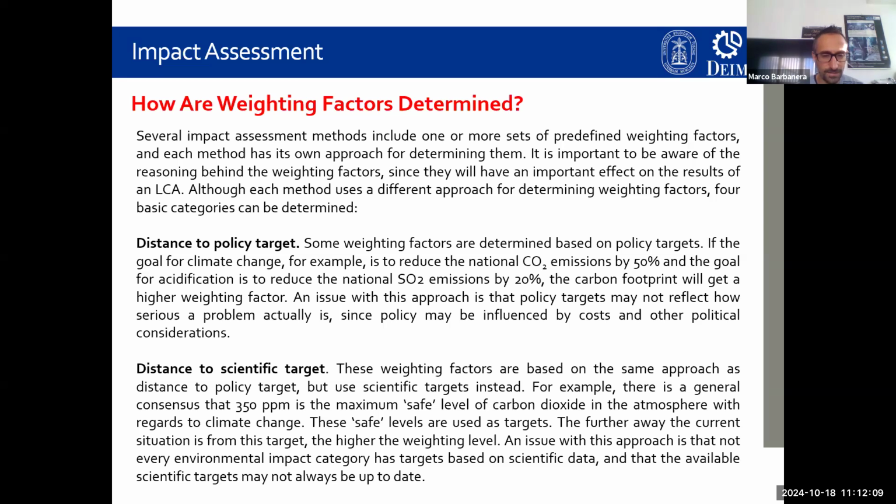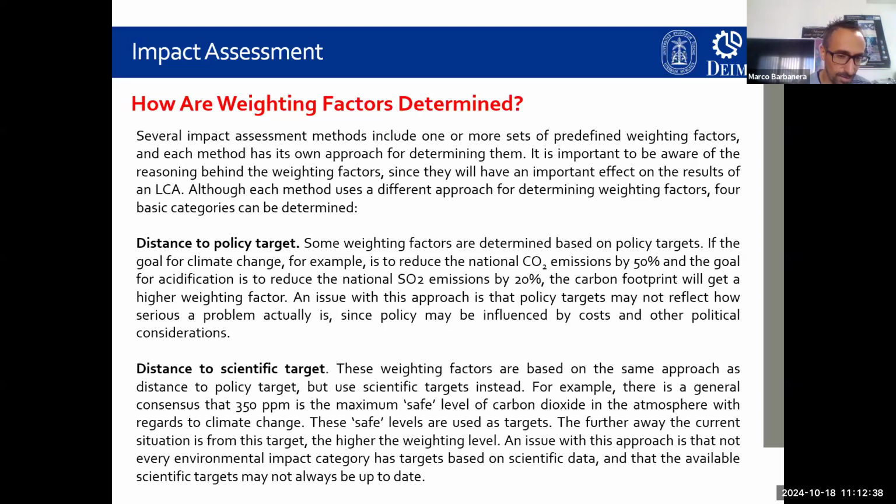These safe levels are used as targets, but the farther away the current situation is from this target, the higher the weighting level. An issue with this approach is that not every environmental impact category has targets based on scientific data, and that the available scientific targets may not always be up to date.